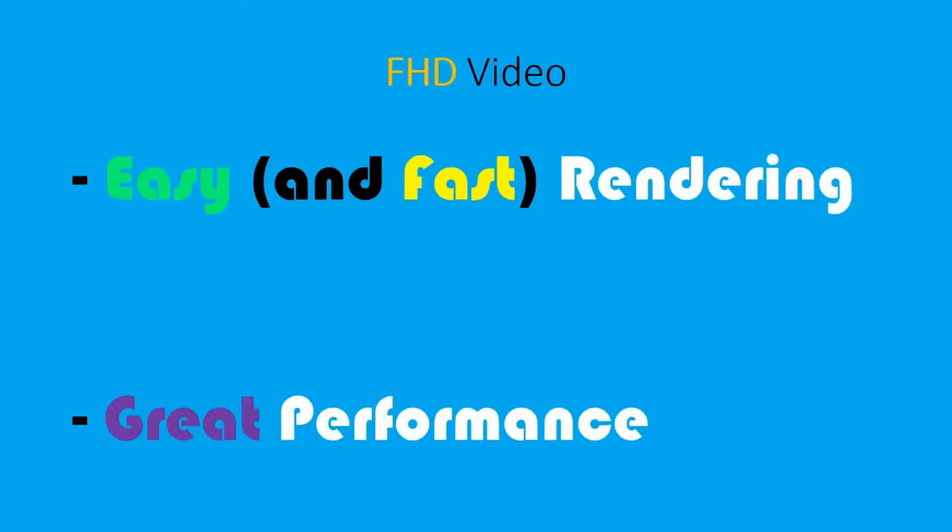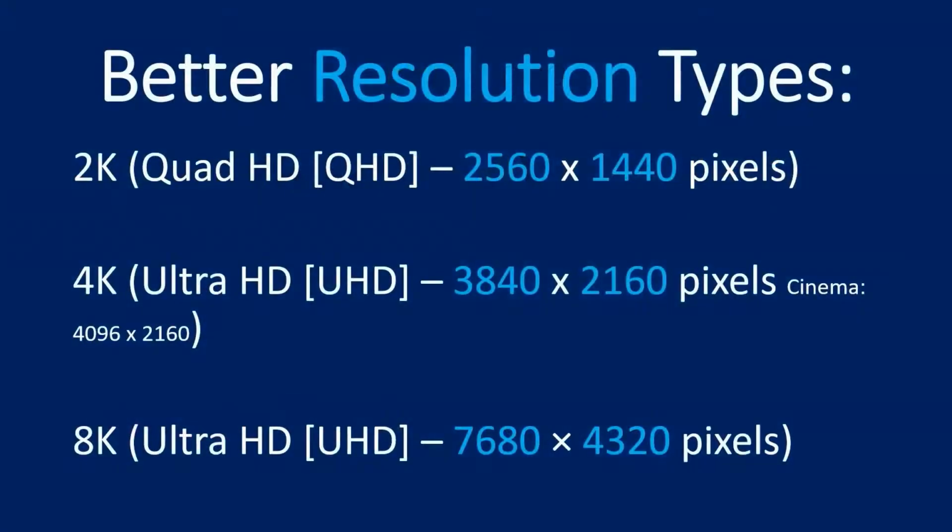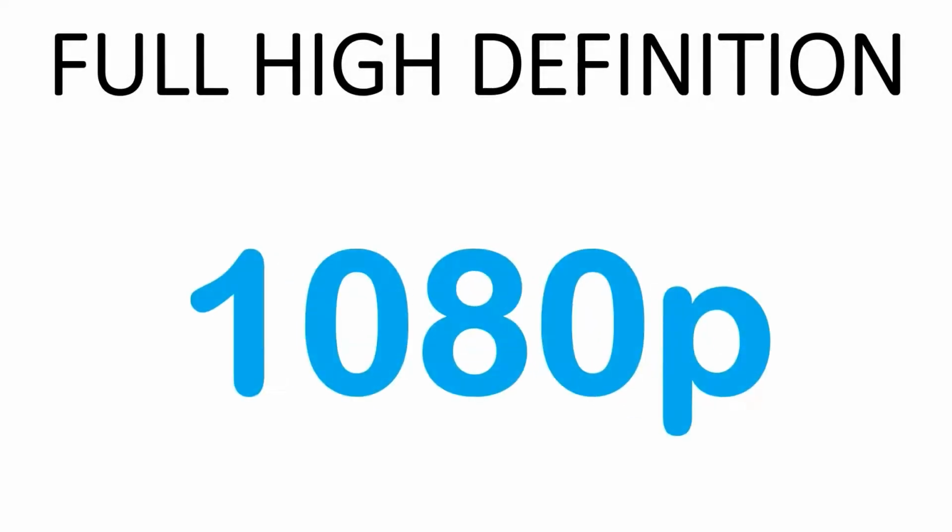Now, a Full HD video is both an easy to render quality and has great performance, at least for the time being. Now there is Quad HD, 4K, 8K, and I think there is higher, but for now we will just be concentrating on Full HD videos. So yes, without further ado, let's jump into the tutorial.